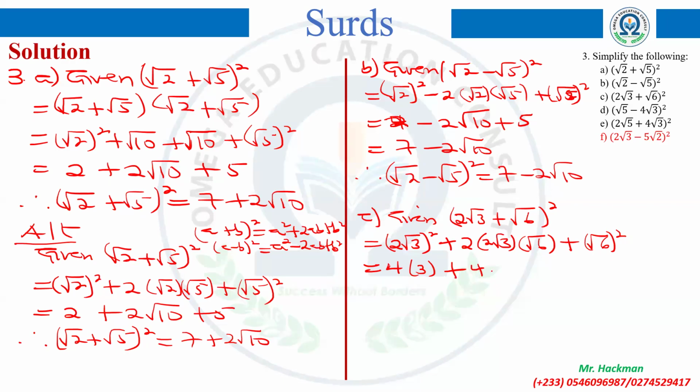Then the radicals will also multiply, so it will be 3 times root of 3 times 6, and that will give us root 18. All correct? Yes, please. Then plus root of 6 squared, which we know is 6. So in effect this gives us 12, then plus 4. Can this be reduced? Obviously, yes, so 9 times 2. I hope you are with me.